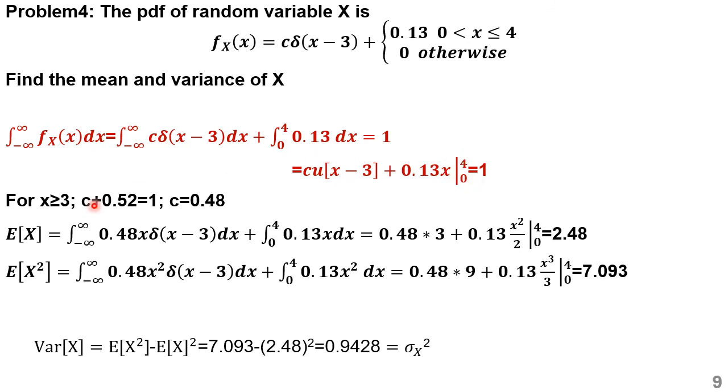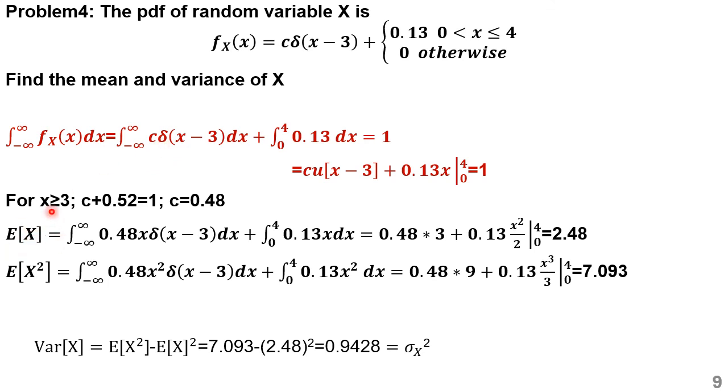By substituting for all values of x greater than or equal to 3, this value becomes 1. So it is c plus 0.13 into 4, that is 0.52, that is equal to 1, which means the c value is equal to 0.48. So let us substitute c value here, 0.48.